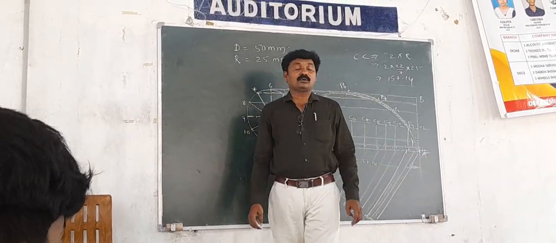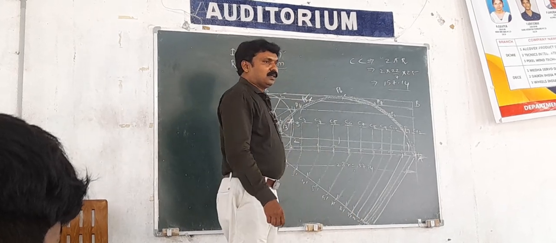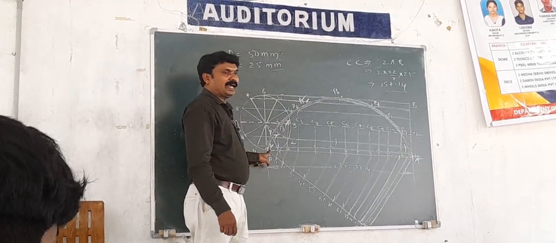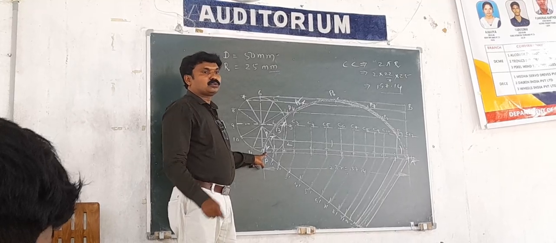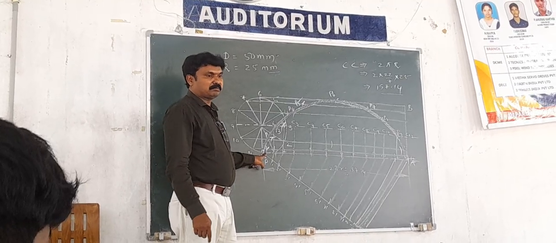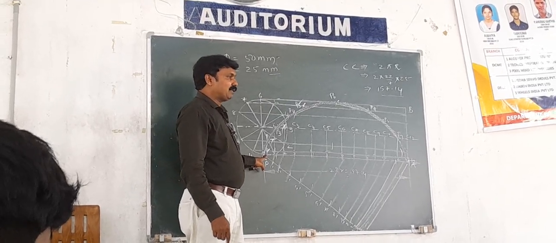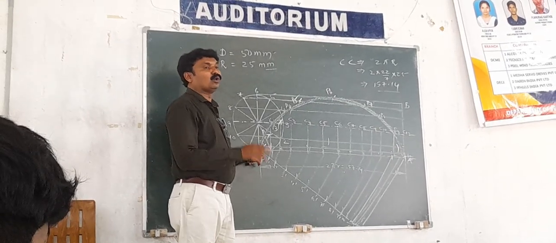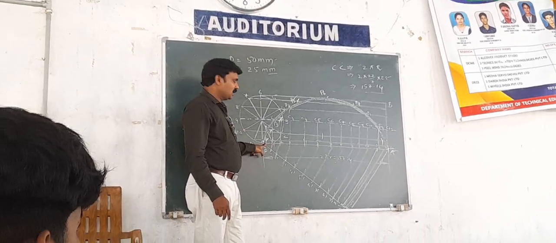Right? Now the next step is we have to divide the straight line 2 pi r length into 12 equal parts by using the method dividing a straight line into any number of equal parts. Here only 12 parts only. Okay?